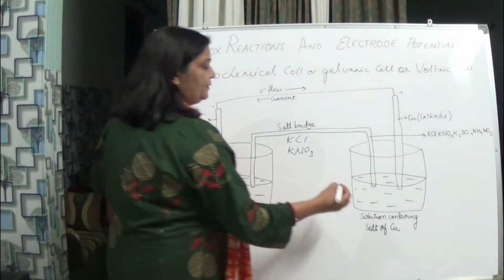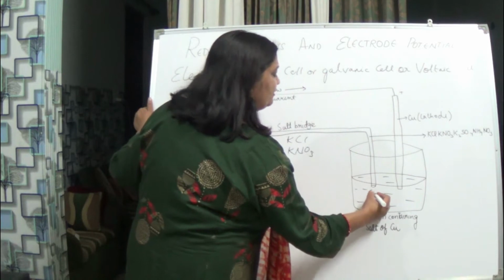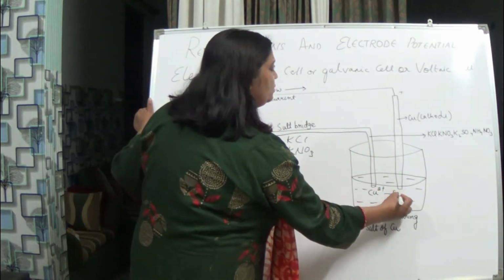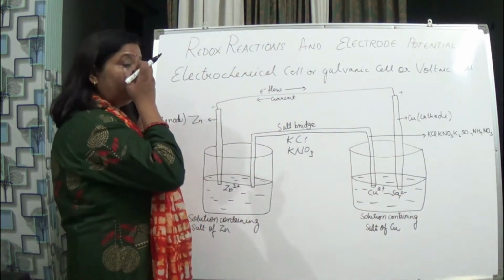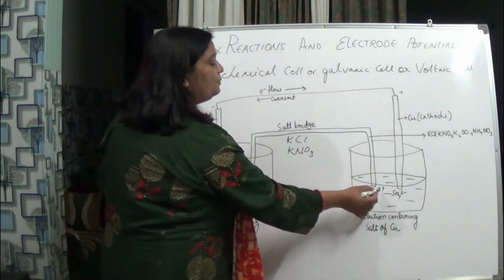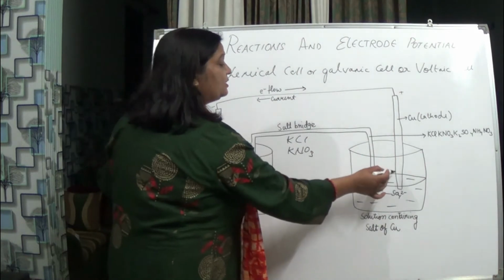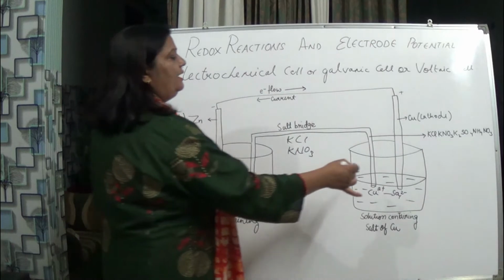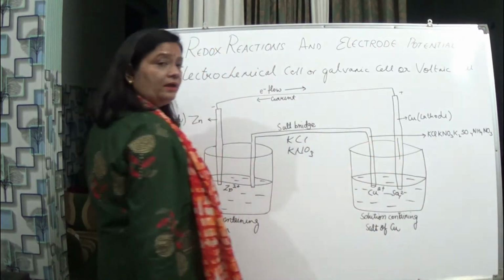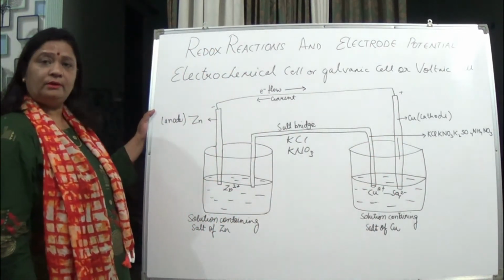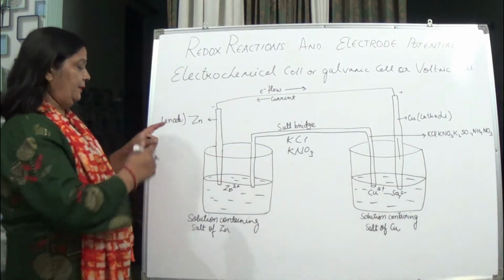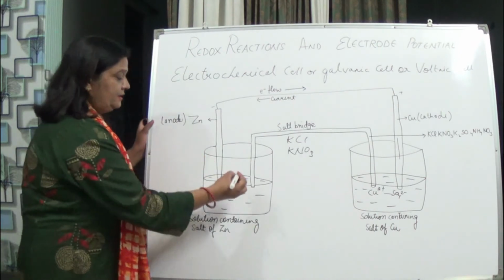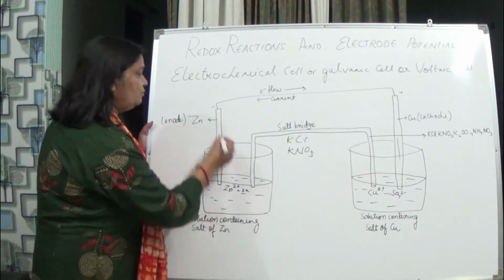Here you can see the copper sulfate solution will be Cu2+ and SO4 2-. Now this Cu2+ will take up the electrons and get reduced to form copper, thereby depositing on the cathode. So here electrons are being released, Zn to Zn2+ plus 2 electrons.